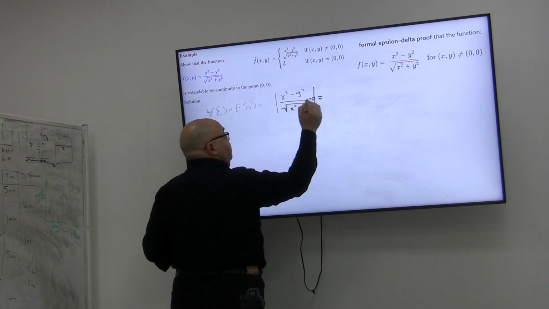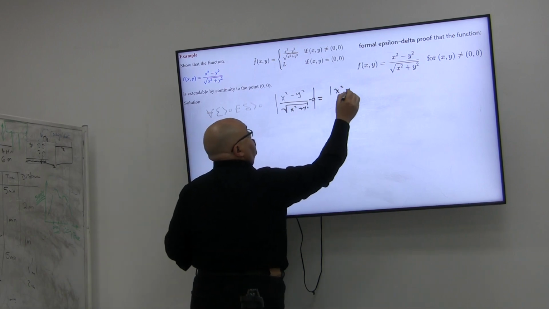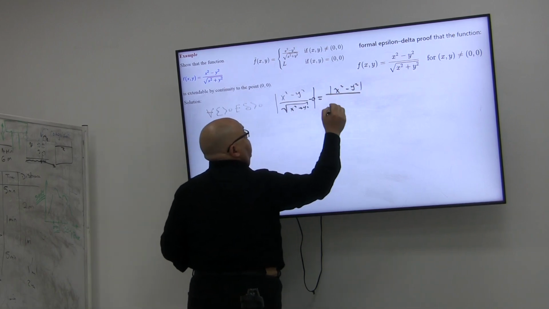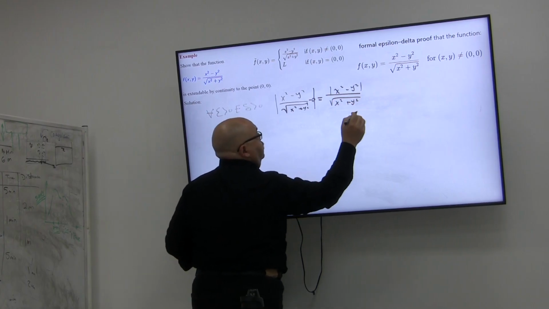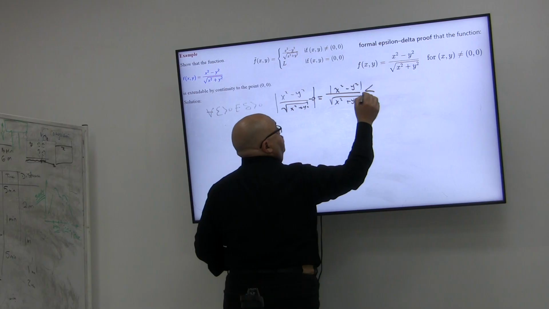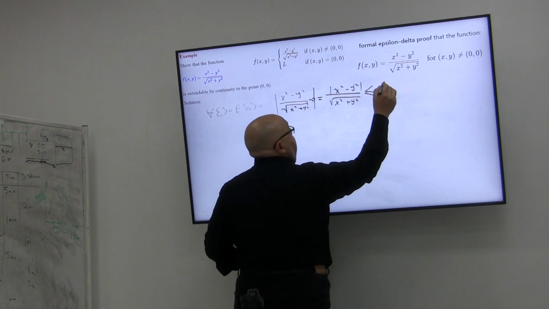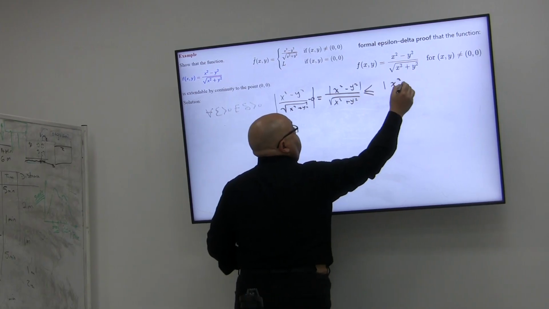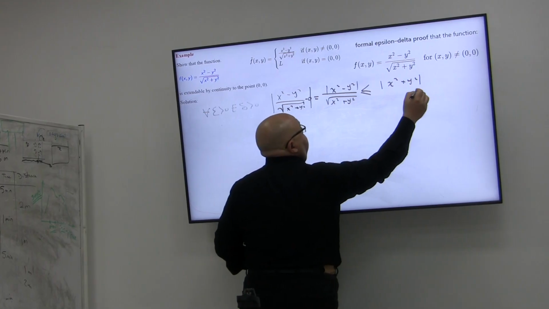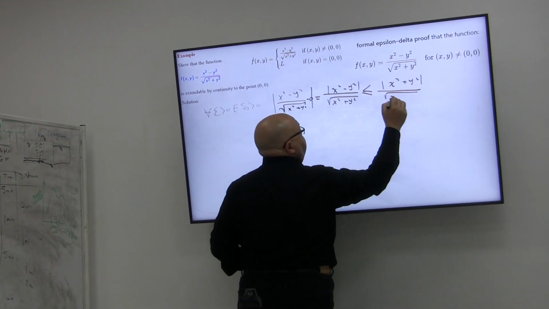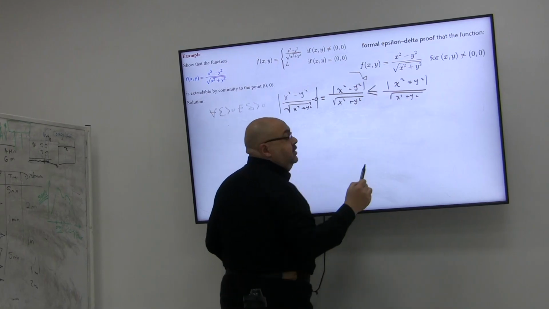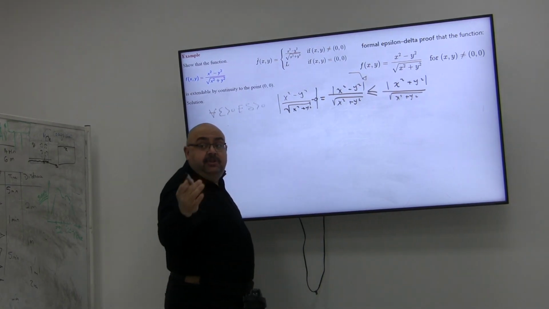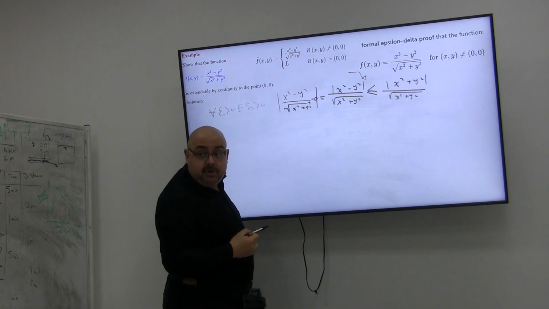I know this value is equal to x squared minus y squared divided by the root of x squared plus y squared, which is less than or equal to the absolute value of x squared plus y squared divided by the root of x squared plus y squared. I used one of the inequalities that I already introduced in the previous session.